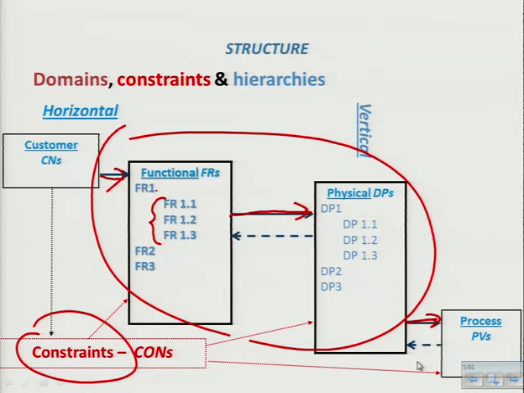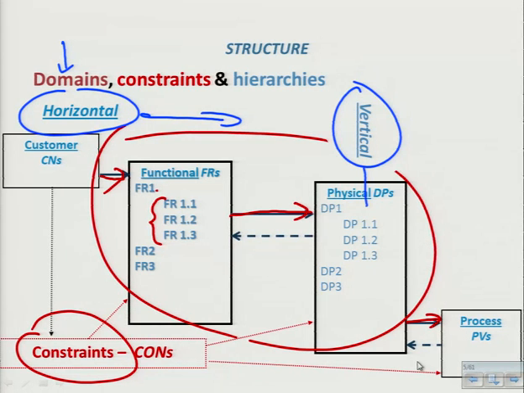There are two kinds of decomposition that I like to talk about. One is horizontal, and that is into the domains. That's the horizontal part. And the other is vertical, and that is the hierarchies. So we've got 2 directions for decomposition.